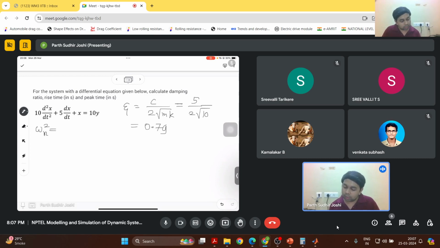So omega n square will be 1 by 10. So omega n is 1 by root 10, and omega d will be omega n into root of 1 minus zeta square. So we can calculate the value of omega d and omega n.